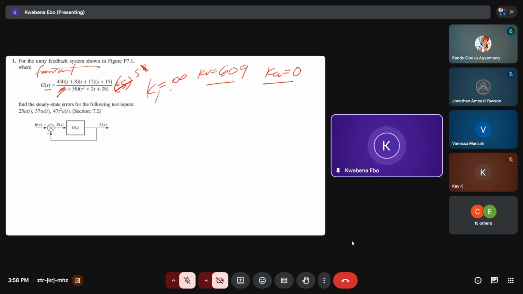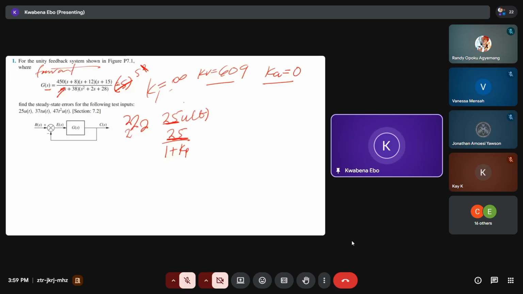For the steady state error for this input 25 u of t, oh, it's not writing. Okay. So for 25 u of t, the error is 25 over 1 plus Kp. It's 25 because the magnitude there is 25.